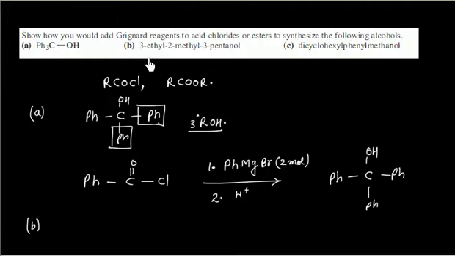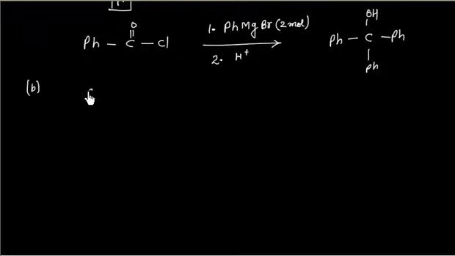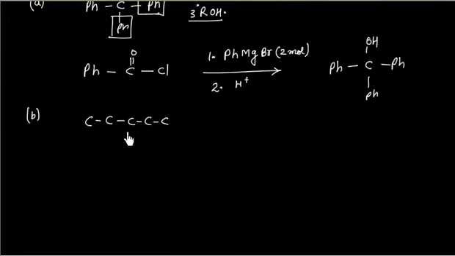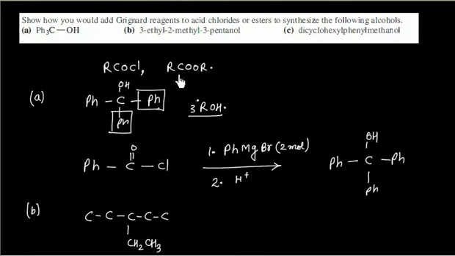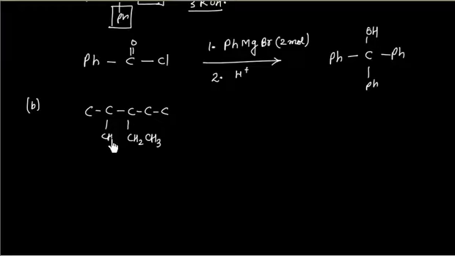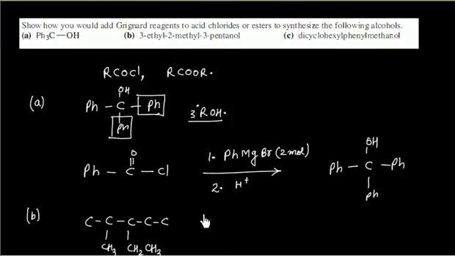Now B says 3 ethyl, 2 methyl, 3 pentanol. So we have pentanol, 1, 2, 3, 4, 5. So we have 3 ethyl, CH2CH3, 2 methyl, 3 pentanol.